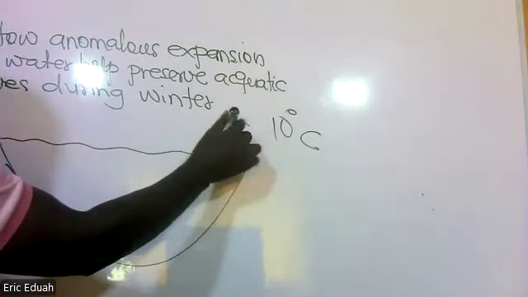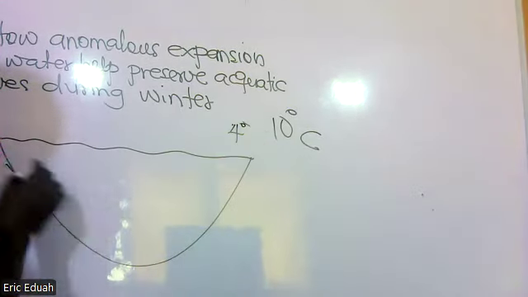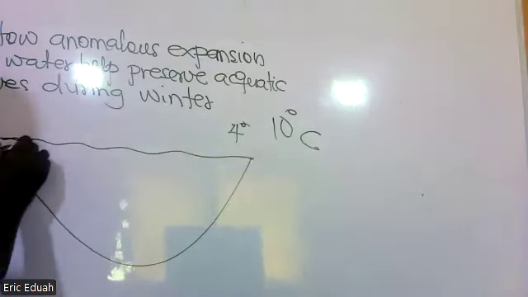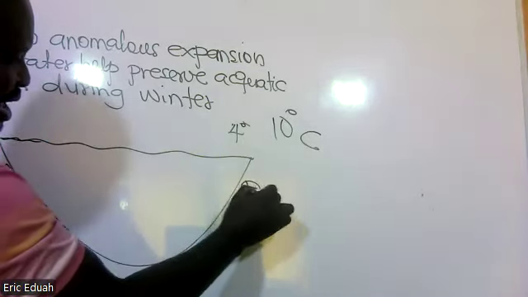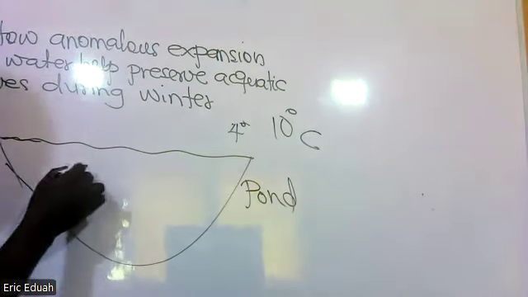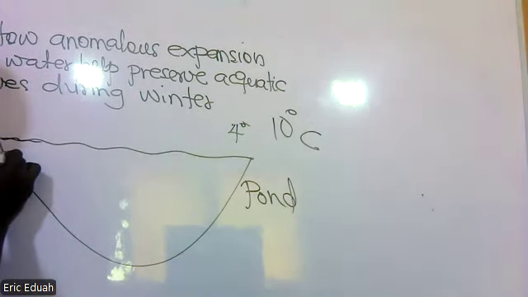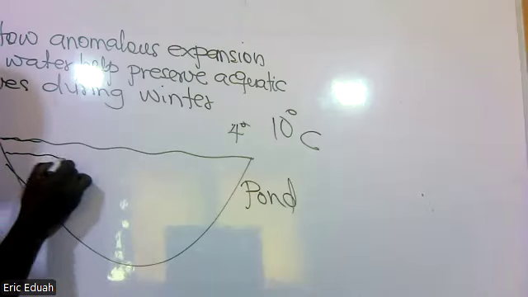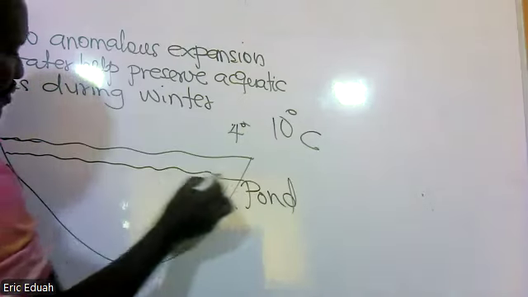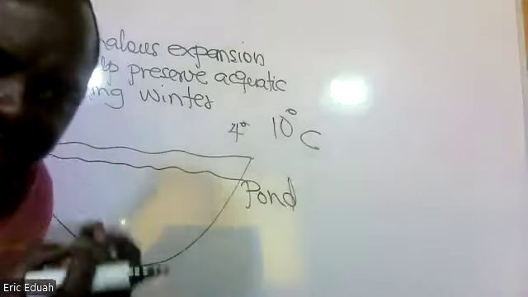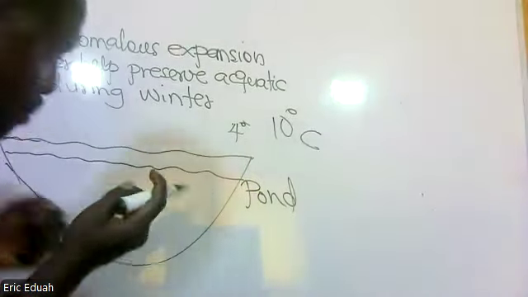When it drops and gets to 4, don't forget that the immediate surface of the pond experiences the change in weather. So at 4 degrees Celsius, let's assume this is the layer that feels the change in the weather so much.